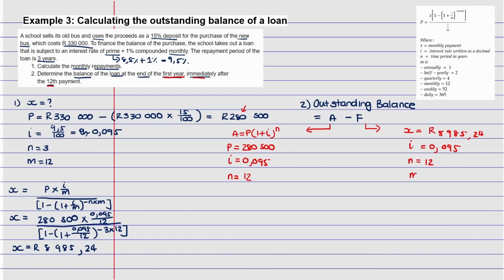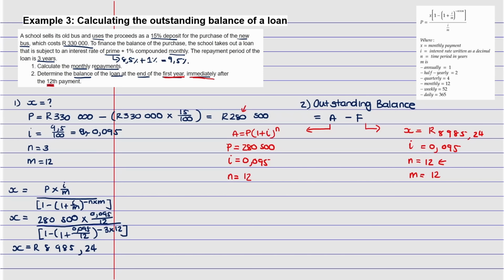Remember that m is 12, since it's compounded monthly. But very important, we're not going to multiply this n by 12, because it's in terms of months already. Immediately after the 12th payment, which is the 12th month. I hope that makes sense.